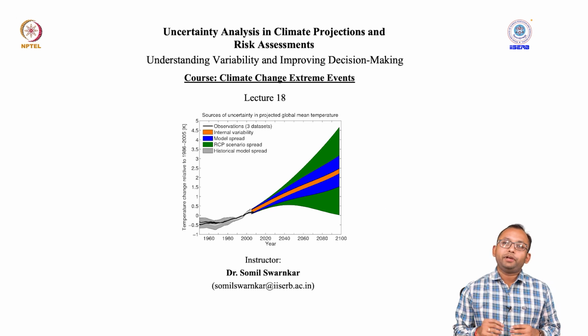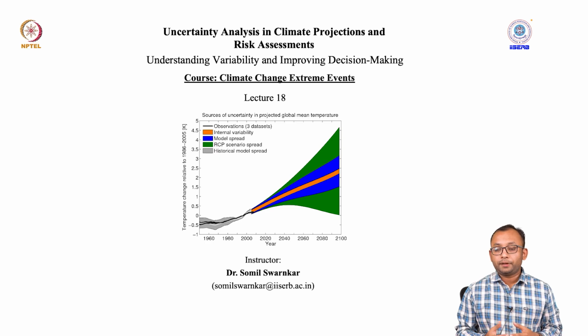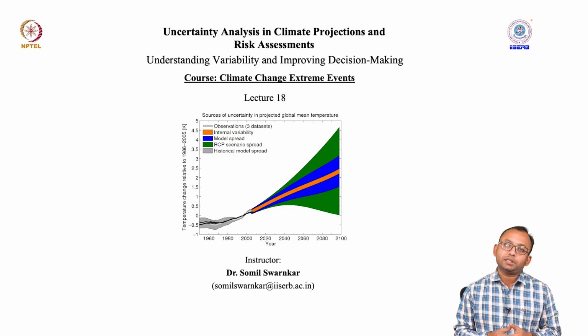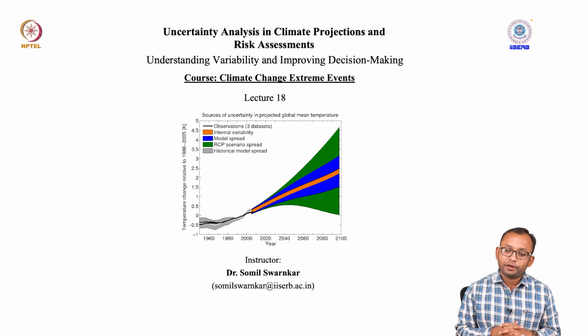Because when we are using that climate data set for scenario assessment or risk assessment, it is very essential to know the percentage of uncertainty within the projected outcomes, or the value associated with the error bars, which is very important for decision making or risk assessment of any system.